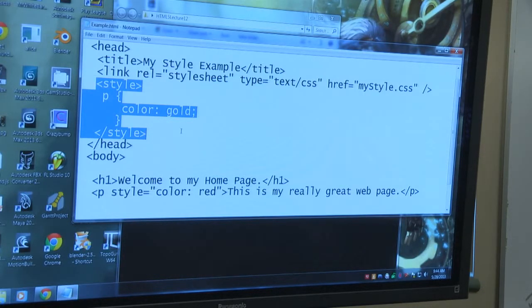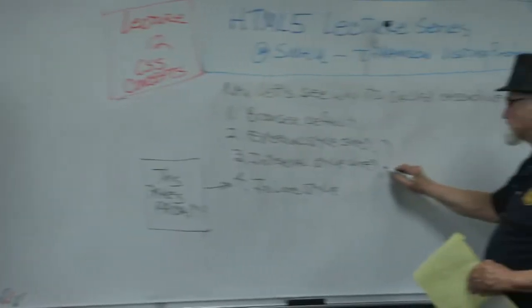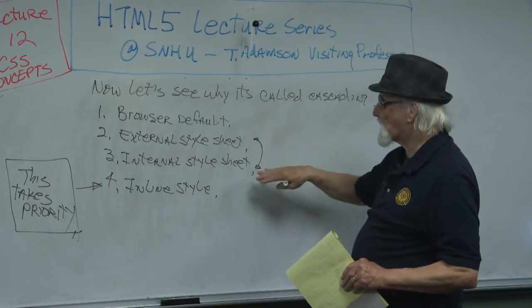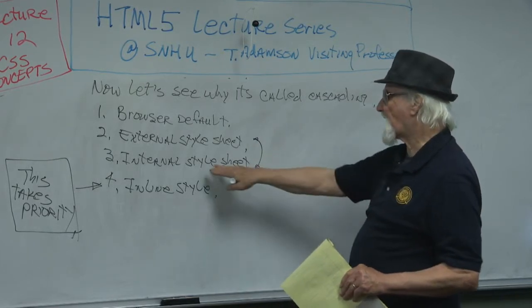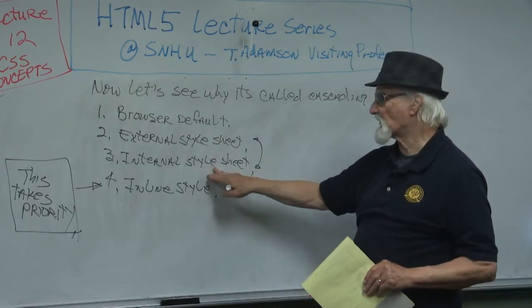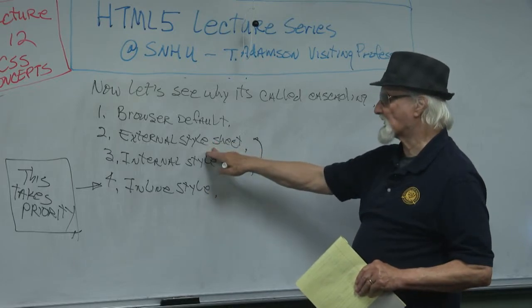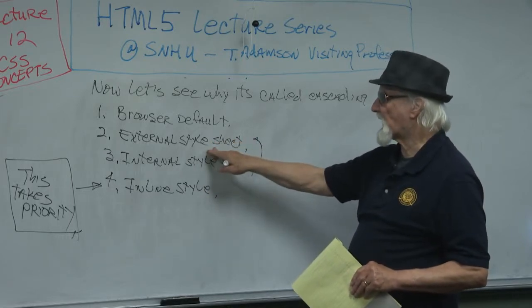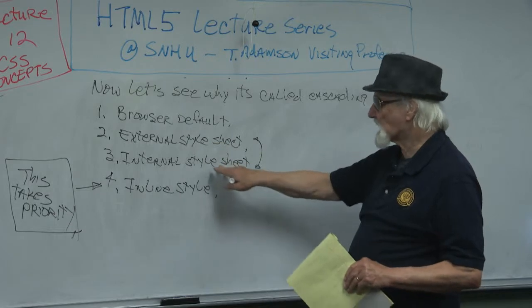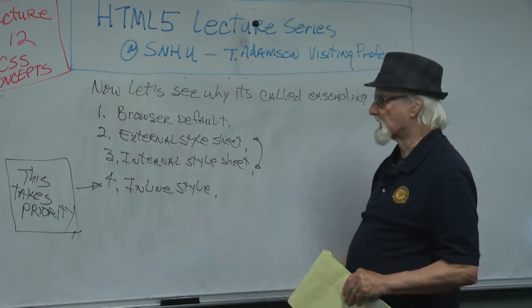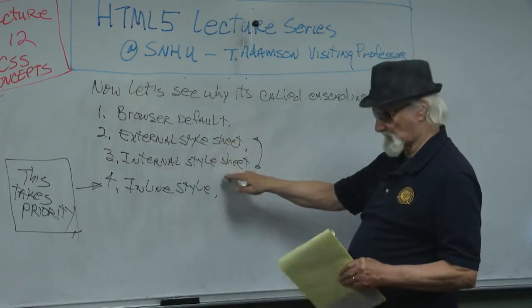If that's the case, if these two are switched, then the last one will take priority. In other words, if I had the internal style sheet definition first and then I call the external style sheet, it will now cascade over the internal style sheet, and it will take priority over the internal style sheet.